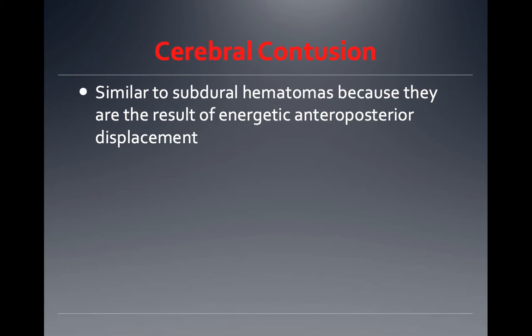So cerebral contusions are similar to subdural hematomas because they can result from displacement of the brain. If you could open the cranial vault of a living person, you would see the brain covered by all of that dura. And we're going to talk about that in just a second.